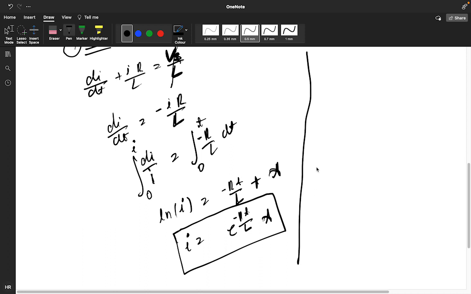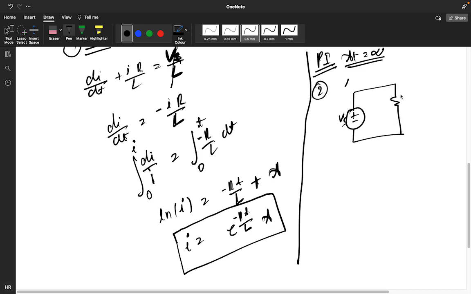For finding the particular integral, we solve at steady state. At steady state, the circuit has Vs, R, and L is short circuited.